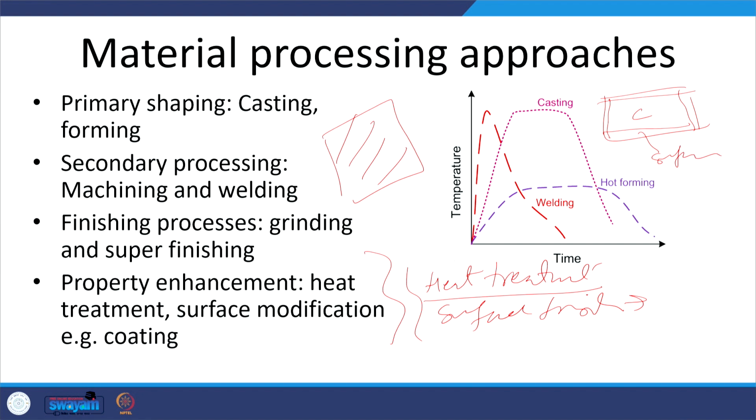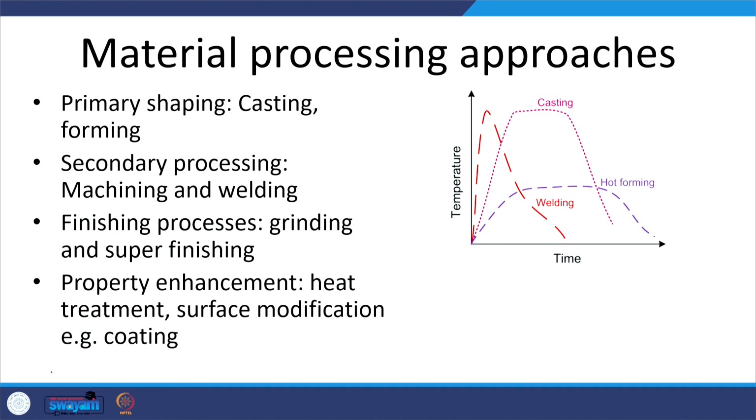So, one of the approaches is where over the surface of the substrate, the material is subjected to the application of a better quality material. Say this is the substrate, low quality material, and we want better quality, better surface properties at the surface. So, we will be applying a layer of a better quality material over the surface of the substrate. So, this application of a thin layer of the material of the desired properties for a given functionality, this approach is known as coating.